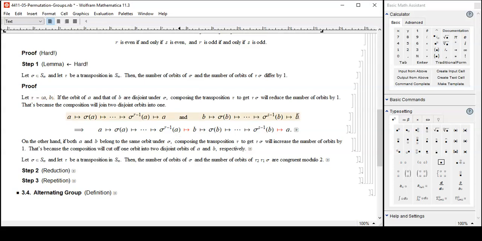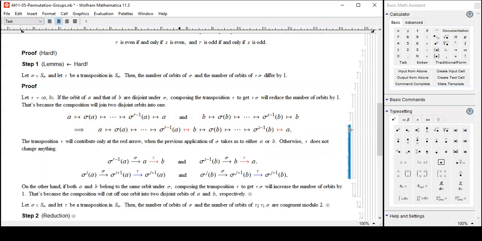So how do these two join together? Well, here we go. A goes to sigma of A, and then sigma of A goes to sigma squared of A, and so on, all the way up to the R minus first power. That's no different than just applying sigma only, because after applying sigma, the i-th power goes to the (i+1)-th power, and tau will not affect anything other than A or B. So that's what this blue means.